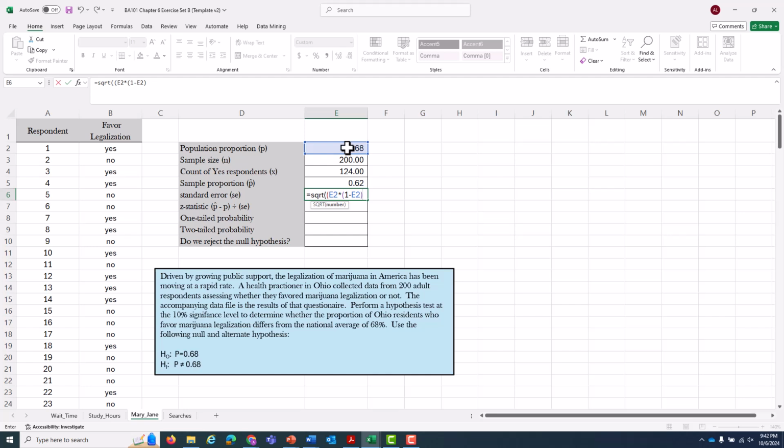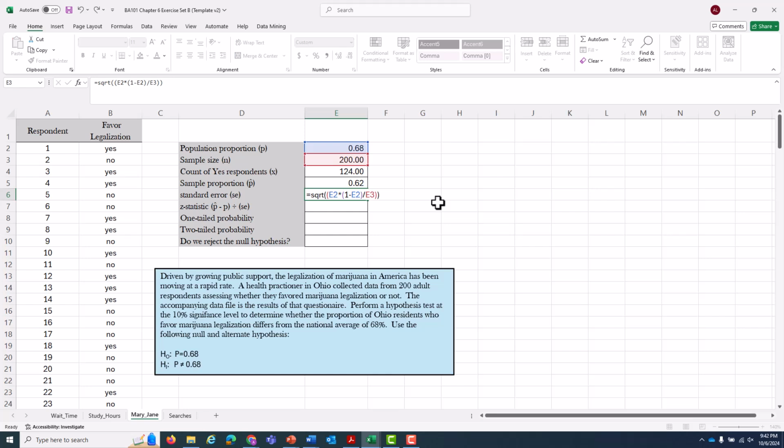And then we're going to divide that by the sample size. And our sample size was 200. And now I got to close two parentheses to close everything out. Thank you for color coding those, Excel, so I know I have all the parentheses in there that I need. So one more time, your standard error is the square root of the proportion times its complement in this pair of parentheses divided by the sample size.